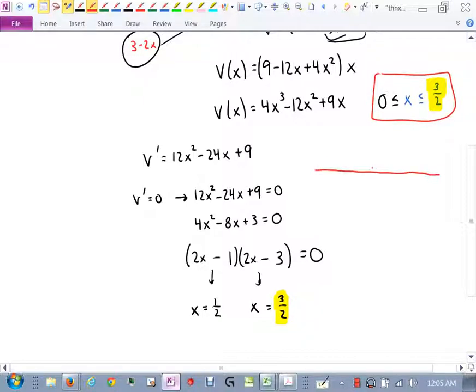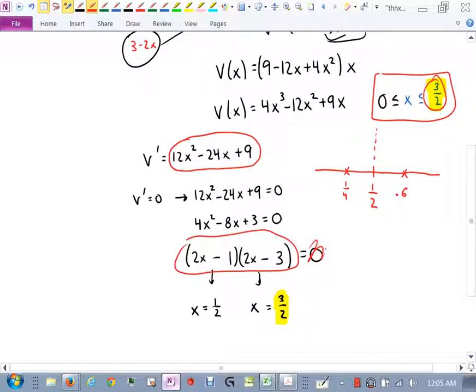I think I'm just going to do a number line real quick to check that at 1/2 is where I have the maximum. So if I plug in some points, let's say 1/4, and something bigger, but I can't be bigger than 3/2, so how about, like, 0.6. I plug those into the derivative, so plug them into here. That might be a little bit tedious, so why don't instead we plug them in here? Forget that that's a 0, just plug them in.